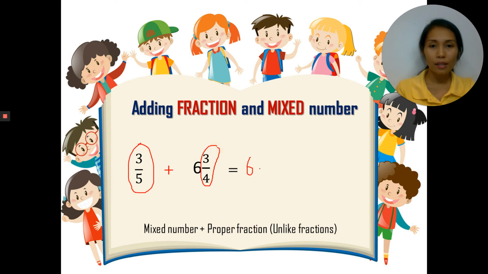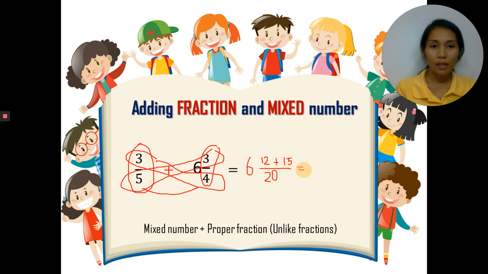Let's find the denominator here. 5 times 4 is 20. This is the cross multiplication method, the easiest method. Now 3 times 4 is 12 plus 3 times 5 is 15.